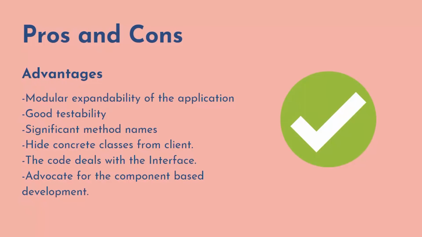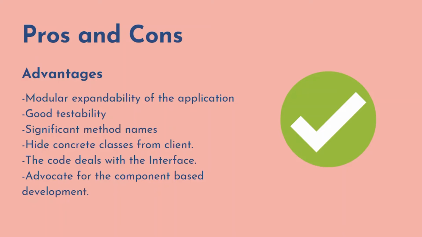Now the factory pattern has pros and cons, and we are going to talk about some advantages and disadvantages. First, the advantages: it has modular expandability of the application, good stability, significant method names, and one of the most important is that it hides concrete classes from the client.